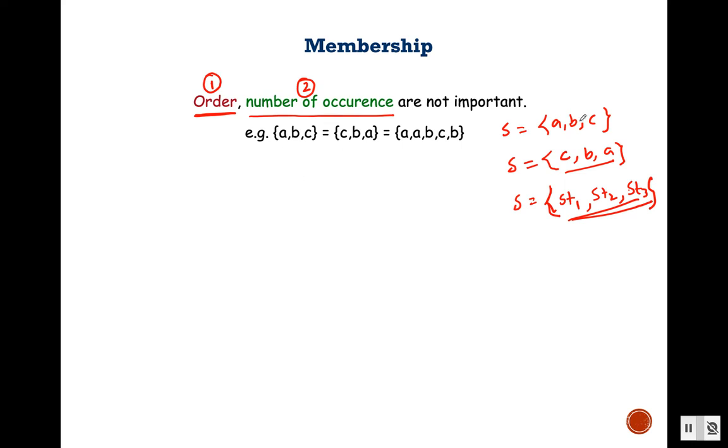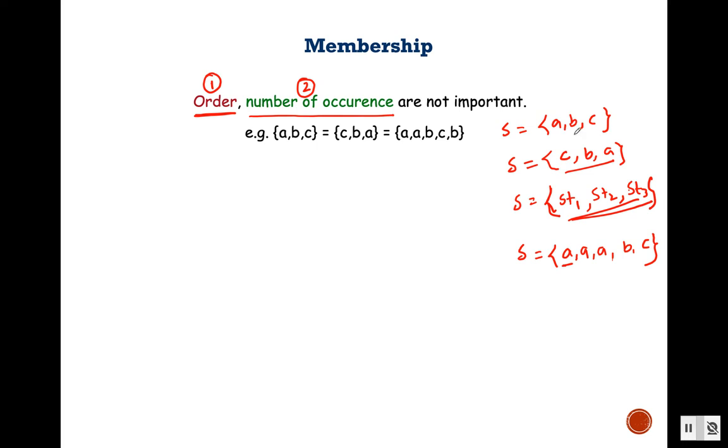So if the set is A, B, C, and I write A multiple times, here we have A 3 times, but that doesn't matter, it is still the same set. So the number of occurrences in the set is not important.